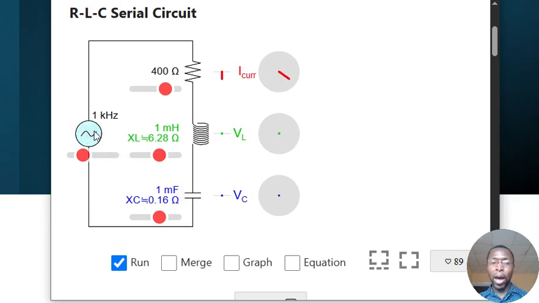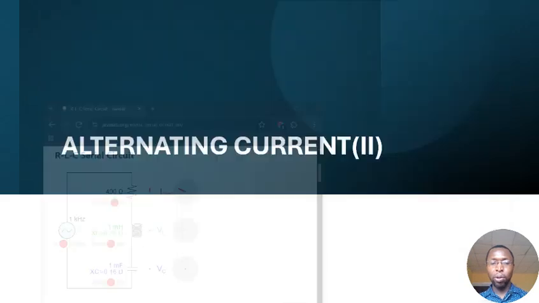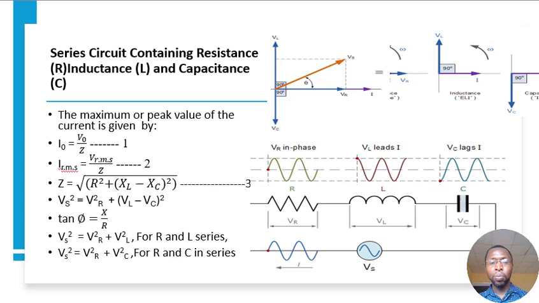Although this is the main supply of the AC current, for example our generator, when the voltage is supplied and the current begins to go around, the voltage across the resistor is usually different from the voltage across the inductor, and different from the voltage across the capacitor as well. So we are going to look at the formula for each of these one at a time. Let's dive into some of them.